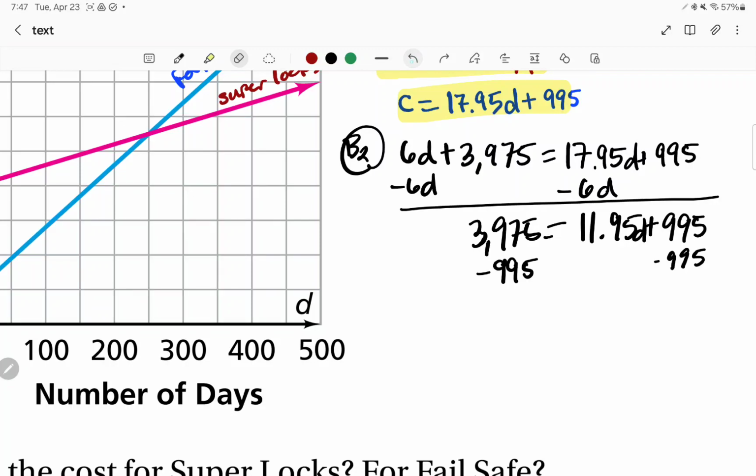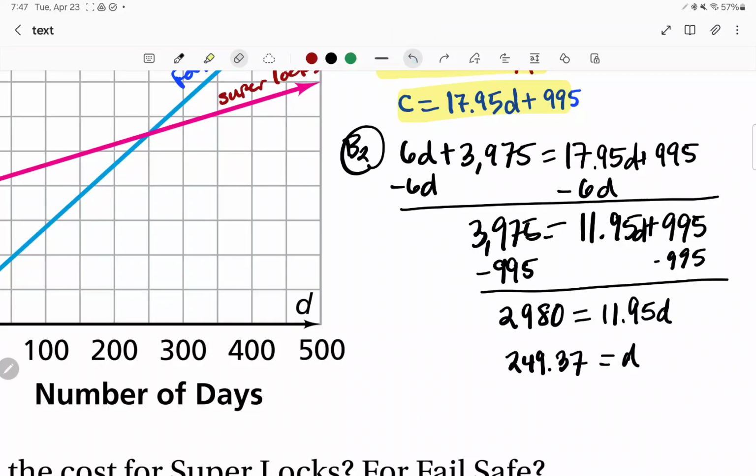So you can see it, and then I'm going to get the 995 onto the other side, and then I have this, and divide out that 11.95 and the number of days. And we said earlier, looking at the graph, it was 250, but the exact number of days is 249 days, 0.37 of a day. Okay, so about a quarter of a day, a little bit more.